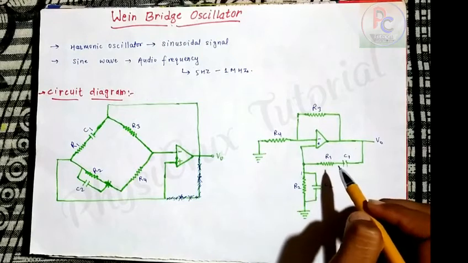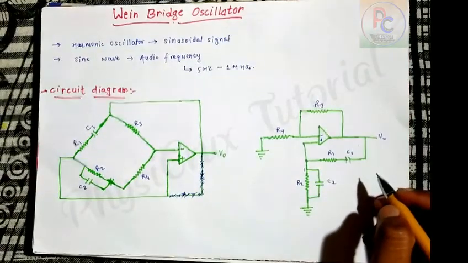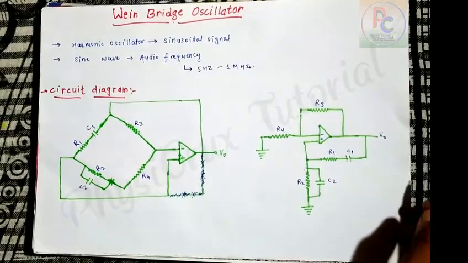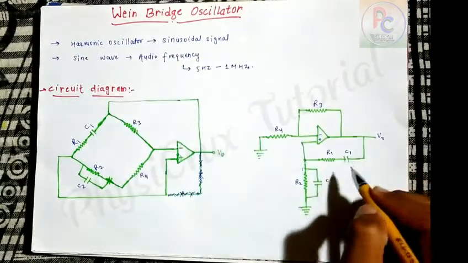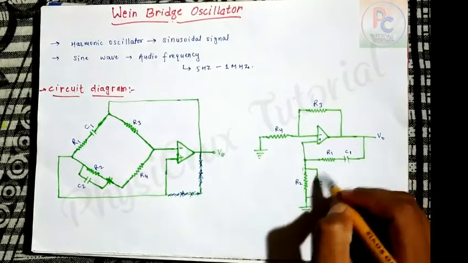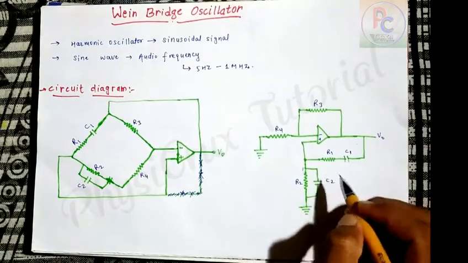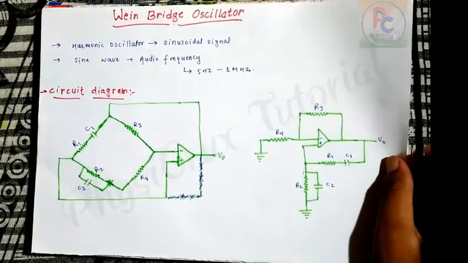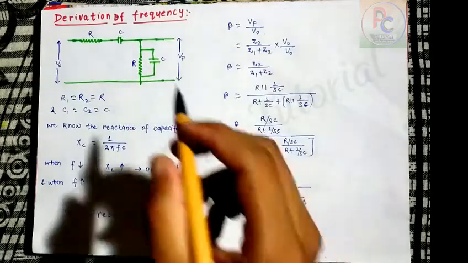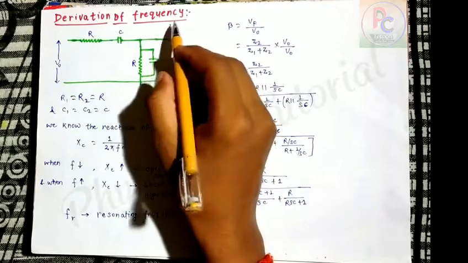Now let's go through its derivation. To understand the derivation of the Wein-Bridge oscillator, we take the RC network part of the feedback circuit. So here this is the derivation of the frequency of the Wein-Bridge oscillator.